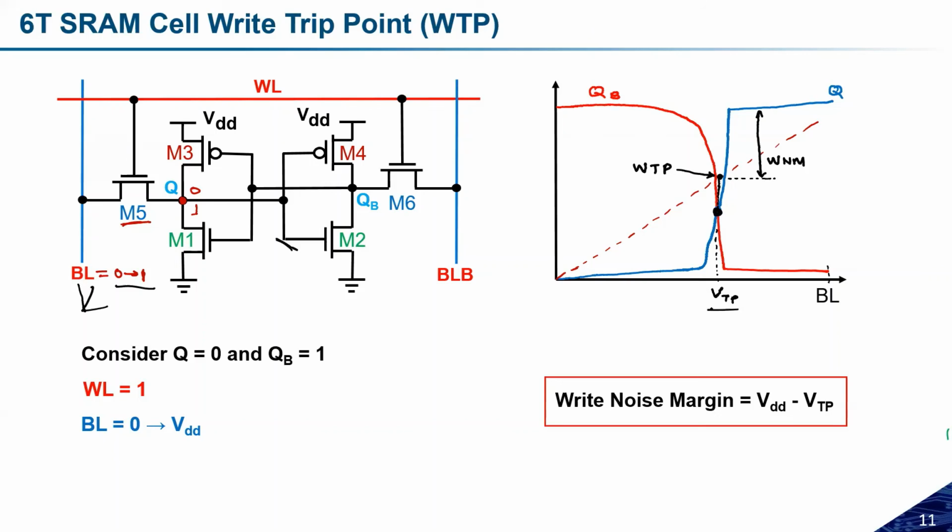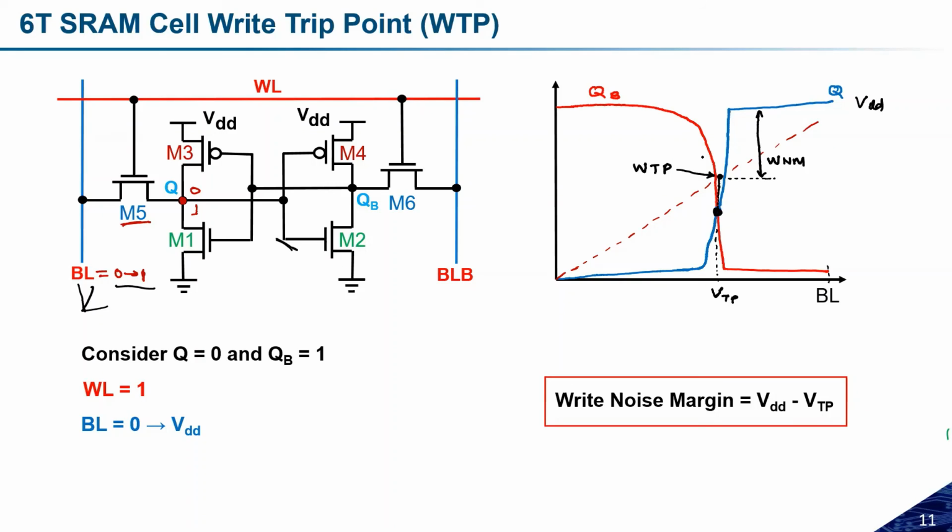Okay, the VTP. And once we get this VTP voltage, then we need to find the difference between VDD, which was here, the maximum voltage, and this VTP, which was here, and that way we can calculate the write noise margin. So this is one of the easier ways than the previous one.